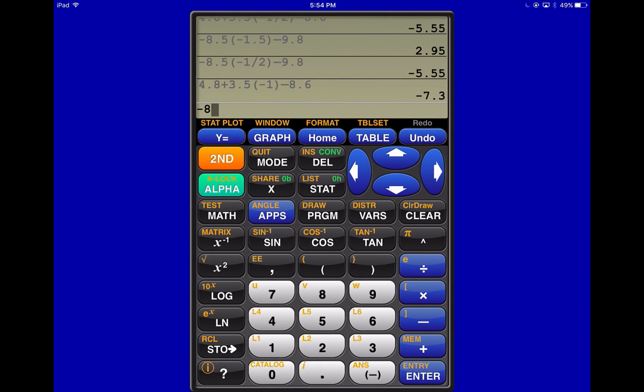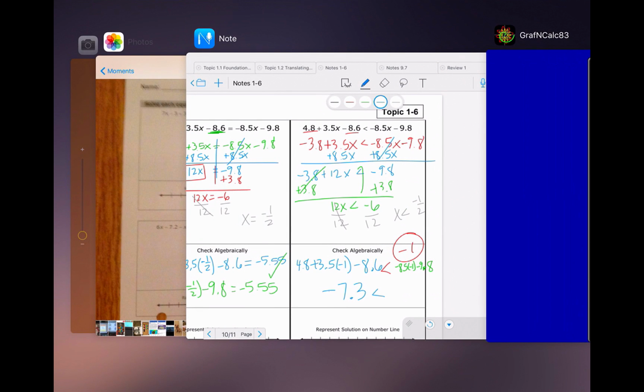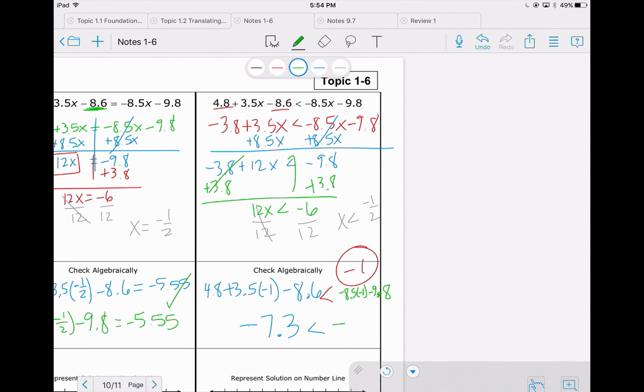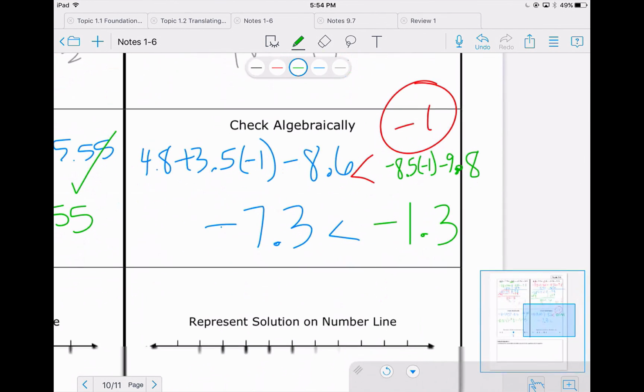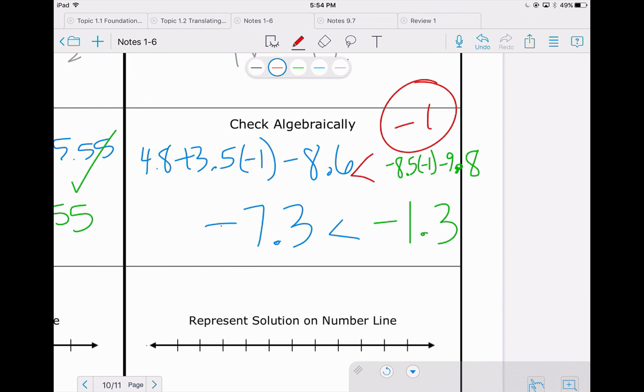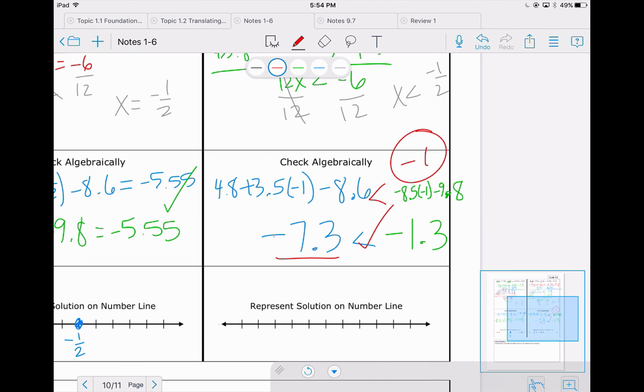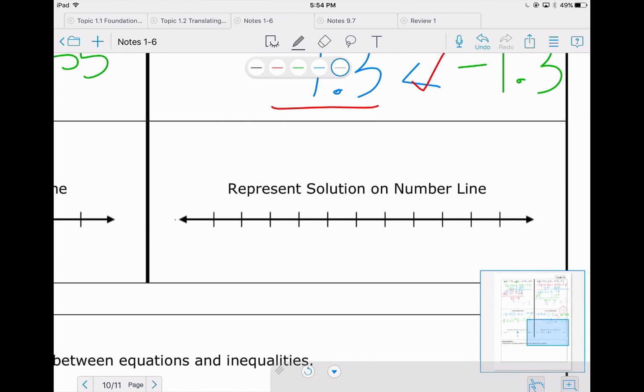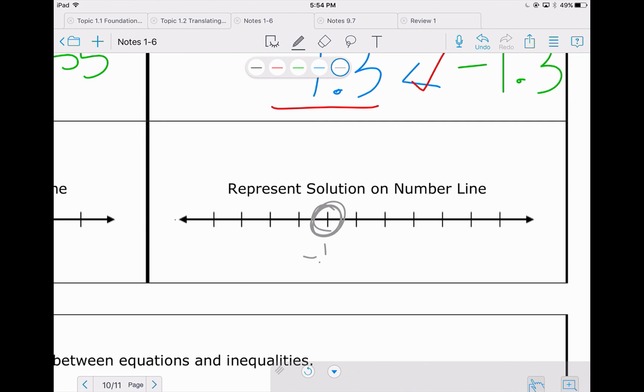And then -8.5 times -1 minus 9.8 is -1.3. So I know it looks funky, but this -7.3 is less than -1.3. It's weird with negatives because it's backwards from what we're used to. So my solution, remember, I don't have the line under the inequality, and it's everything less than -1/2.